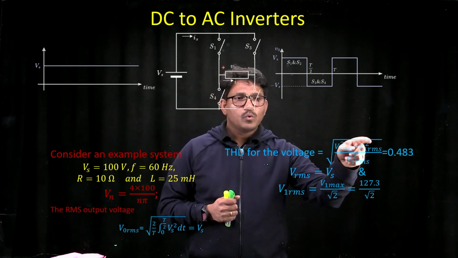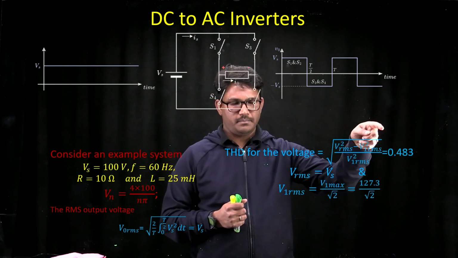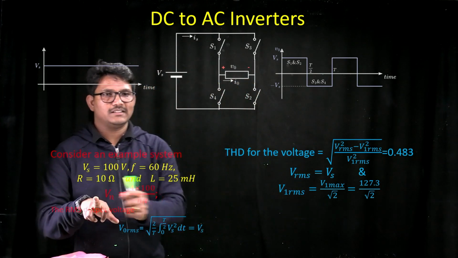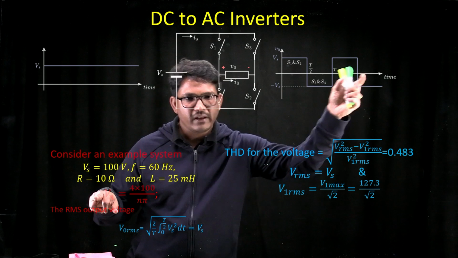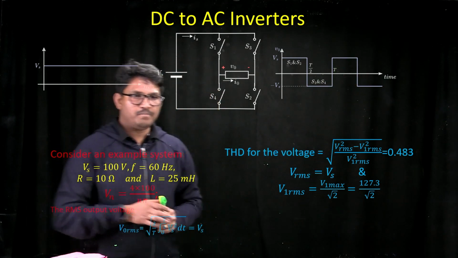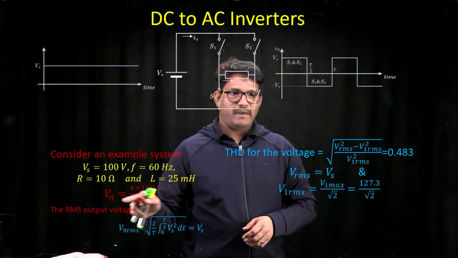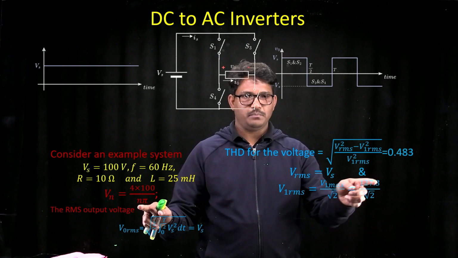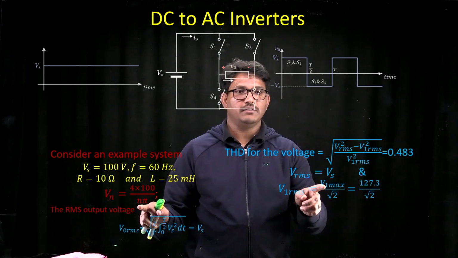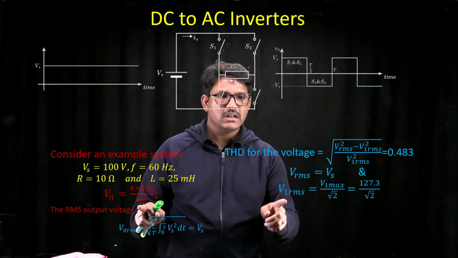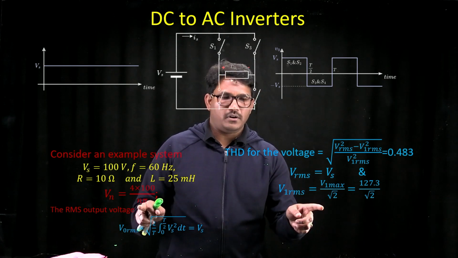Now, if you want to know the fundamental voltage RMS, you know V1, the fundamental voltage embedded in this square wave, is 400 upon pi, that is when n equal to 1. So V1 max is 400 upon pi, which is calculated as 127.3, the peak value of the fundamental voltage. Then the RMS value of that fundamental voltage is going to be V1 max upon root 2.